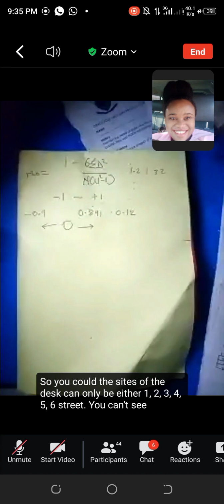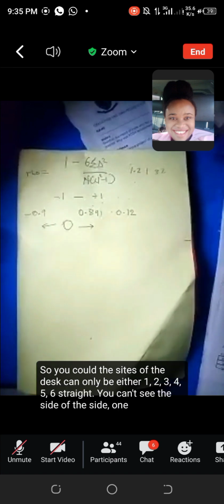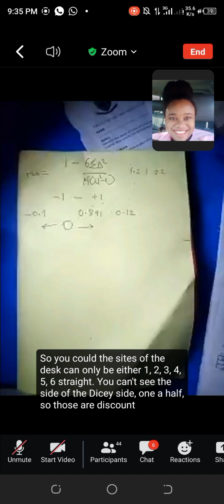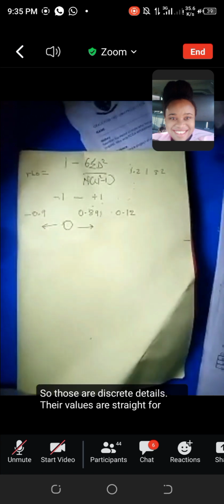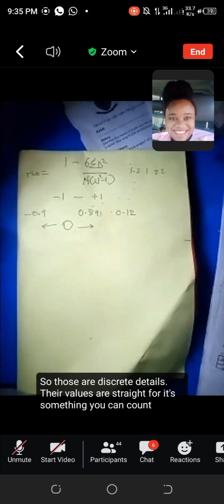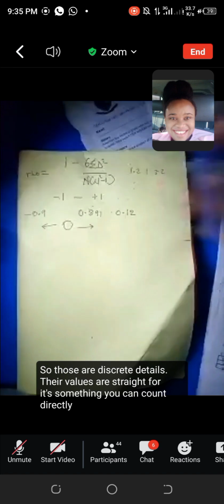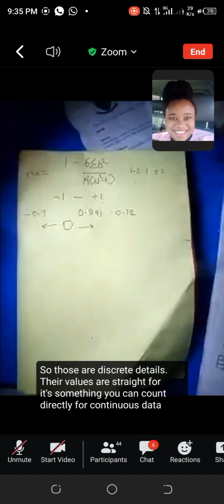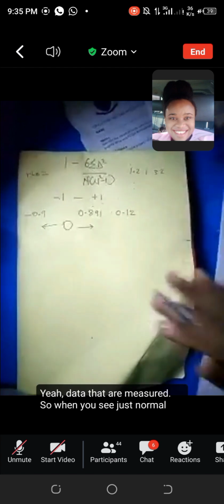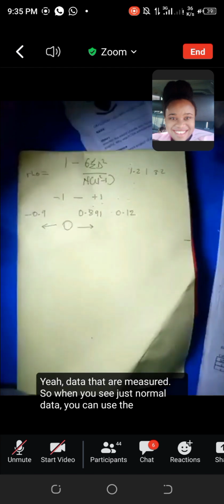You can't say the side of the dice is side 1.5. So those are discrete data. Their values are straightforward. It's something you can count directly. But continuous data are data that are measured. So when you see just normal data, you can use the normal Pearson.